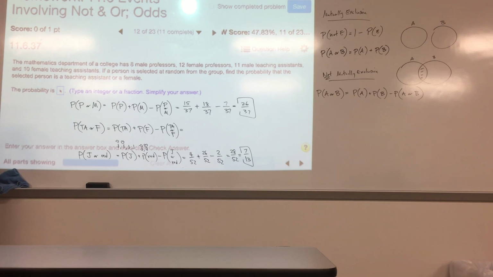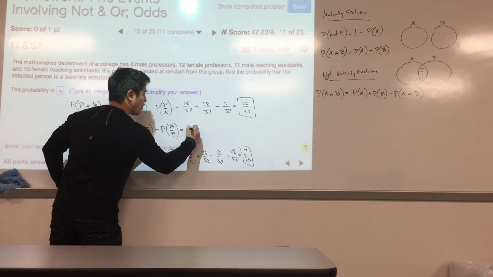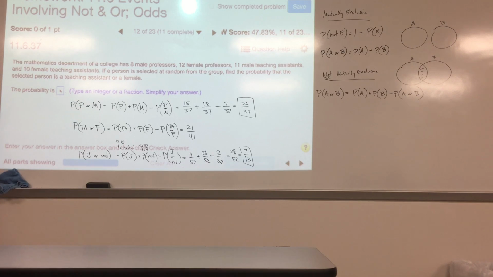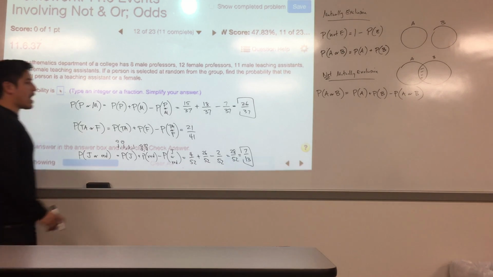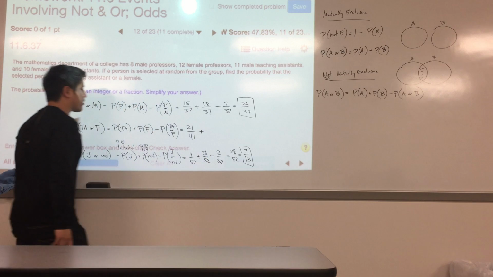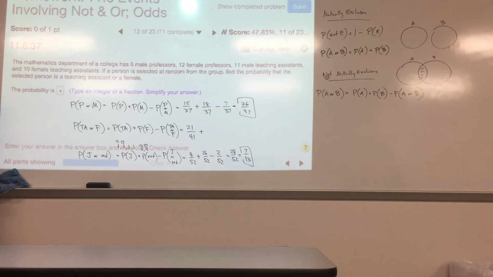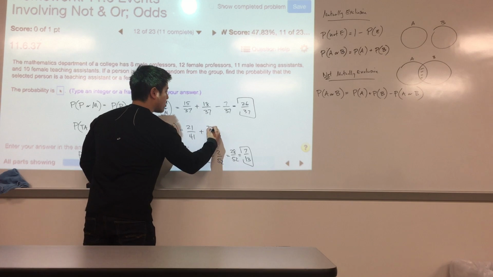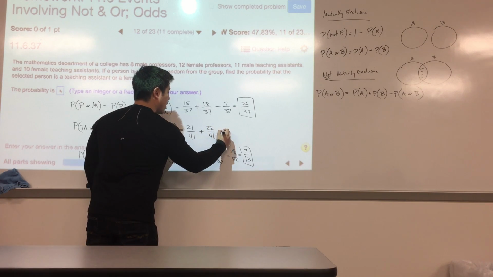Well, there are 11 males, and there are 10 females, so there are, out of? 41, good. 41 total faculty here. Then we're going to need to add the probability of getting a female. There are 10 female teaching assistants, 12 female professors, 22 out of the 41 faculty members.